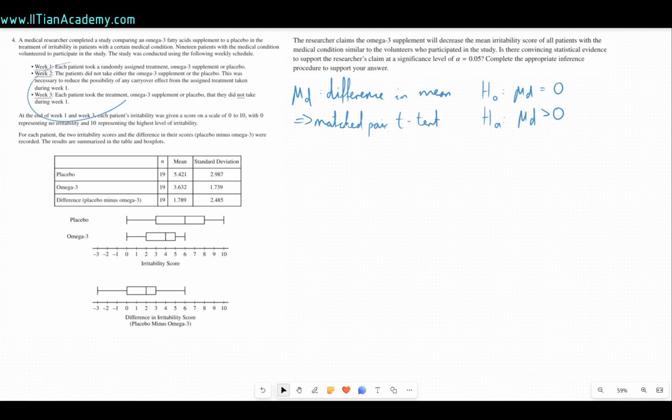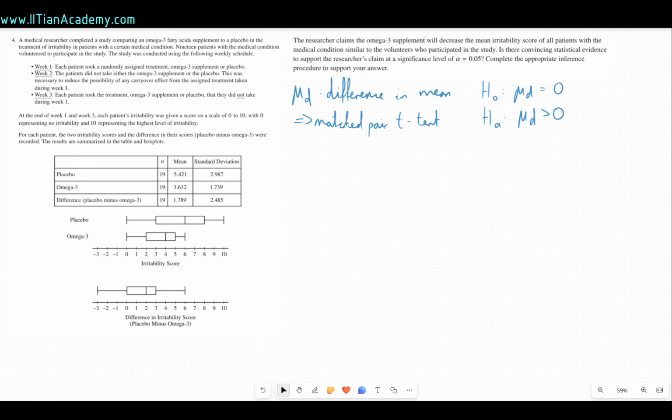Usually we would want the sample to be at least 30, and here we only have 19. However, the box plots are relatively symmetrical, which means that we don't have a skew in either direction, so it is safe to assume that we can use these data points for this experiment.